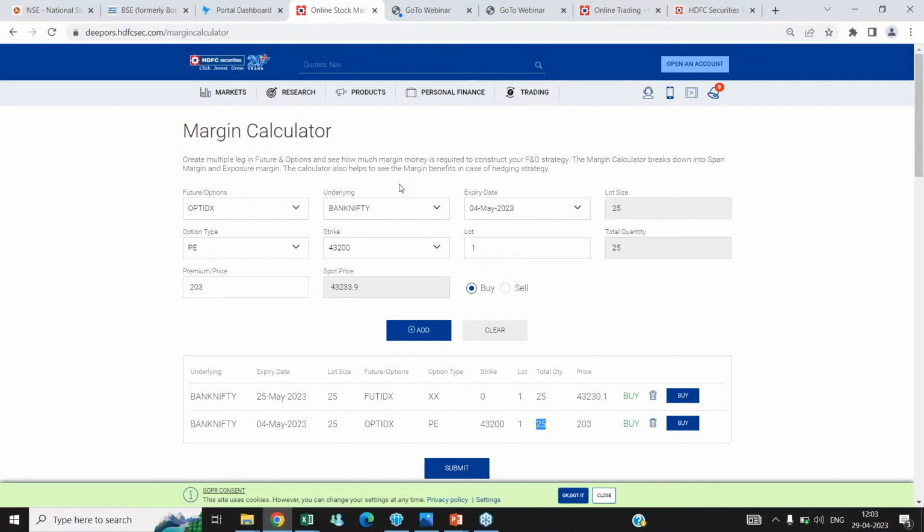If you find that the margin requirement in this position is higher compared to the margin blocked by a different broker, then please showcase it to us. You can write to service@hdfcsecurities.com, and they will pass on the mail to us, and we'll identify where the issue is. If there is any issue, we'll surely look into this matter. But to the best of our knowledge, the margins are as per the exchange standards, and whatever margin is required for any strategy or any futures trade is charged as per the exchange criteria given to us.